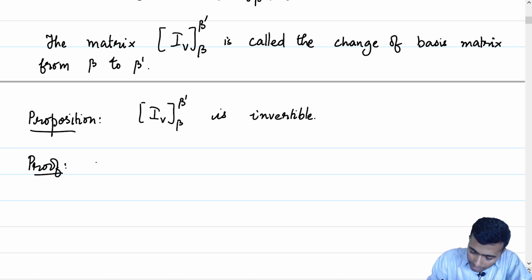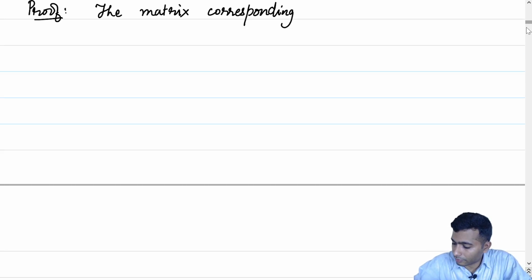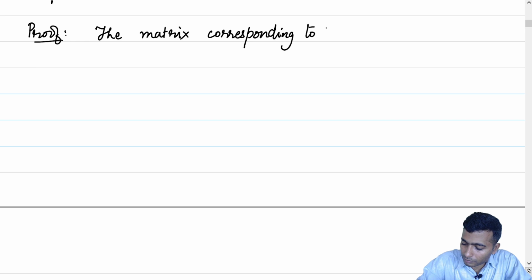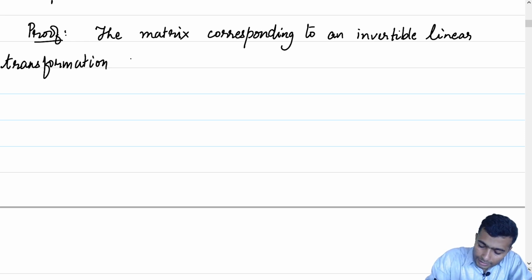So the reason is that the matrix corresponding to an invertible linear transformation with respect to any basis is invertible.